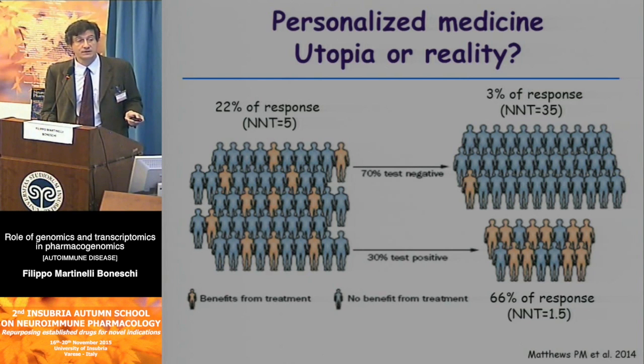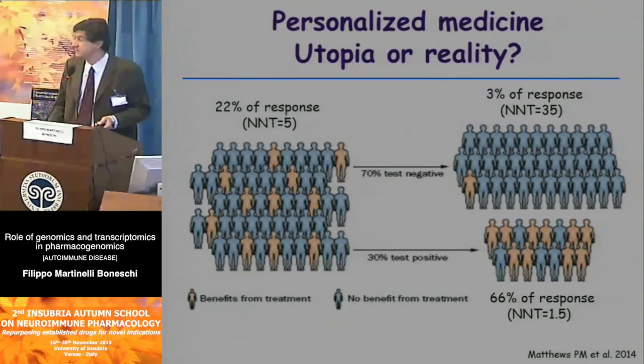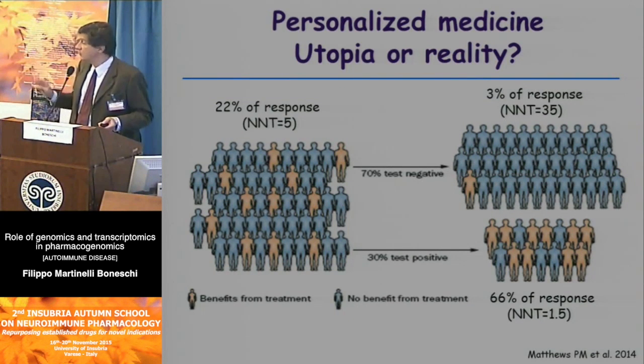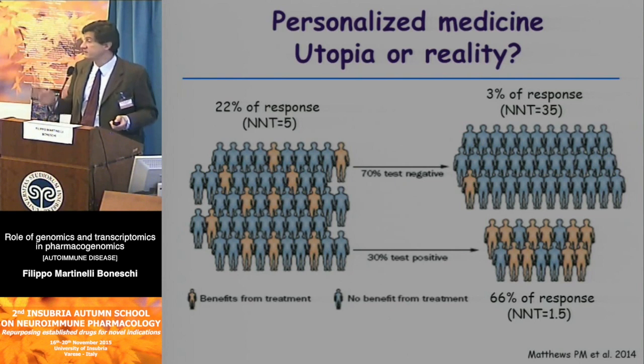And imagine that the 30% of the population who are positive for this test have a chance of 66% of response to treatment, which means that you have to treat 3 patients to have 2 who benefit from the drug. It is clear that if the drug is expensive and if the test is not particularly expensive, it makes a lot of sense to apply this test before providing the drug.